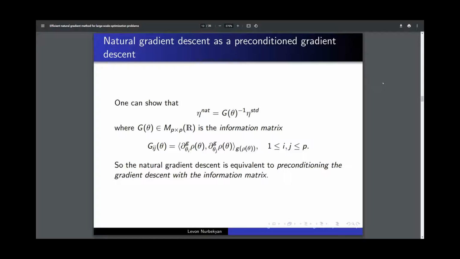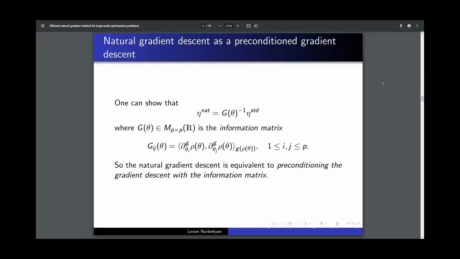The natural gradient descent direction that I denote by eta natural is simply preconditioning the standard gradient descent direction with an information matrix, where the information matrix is just a correlation matrix of the tangent vectors here. And so in some sense, it's also a preconditioning.